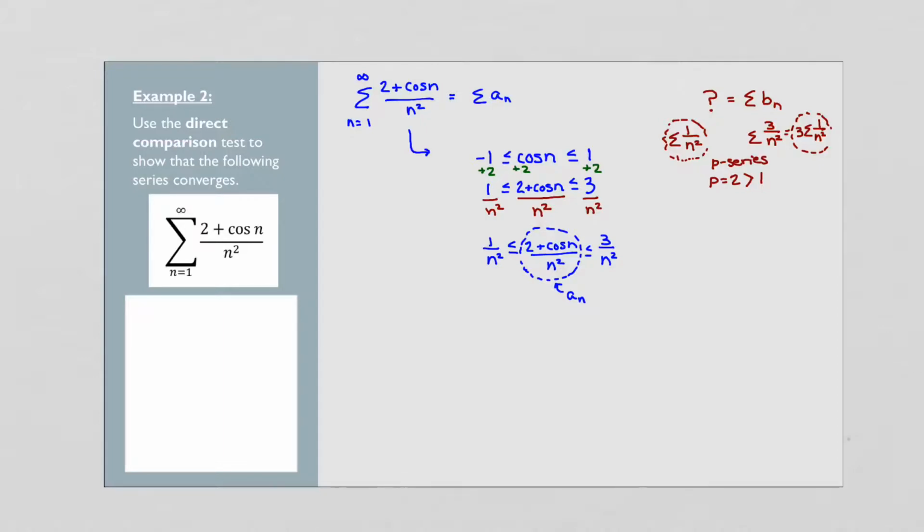Those p-series actually converge, don't they? So both the series 1 over n squared and 3 times the series 1 over n squared, or 3 over n squared, converge. I'm going to put that in a little thought bubble because that fact stays up there for me.